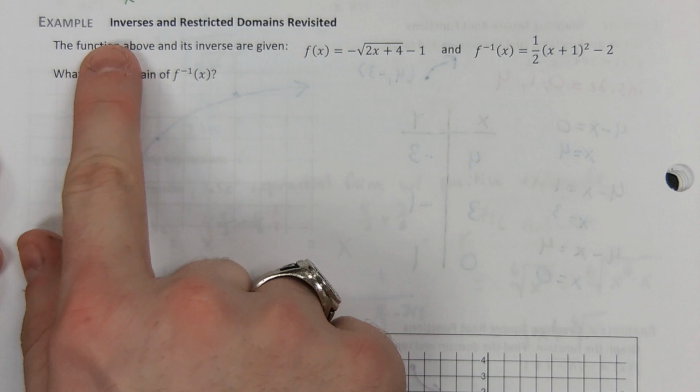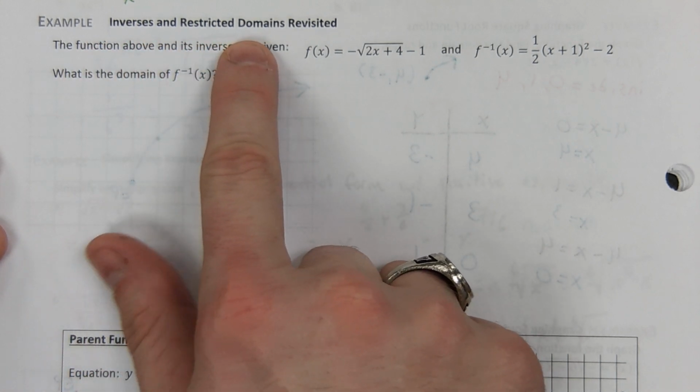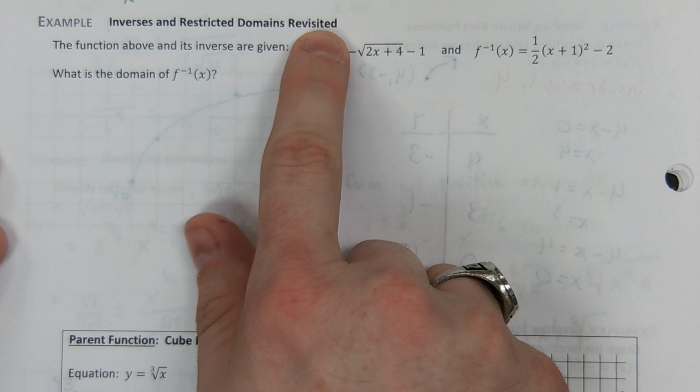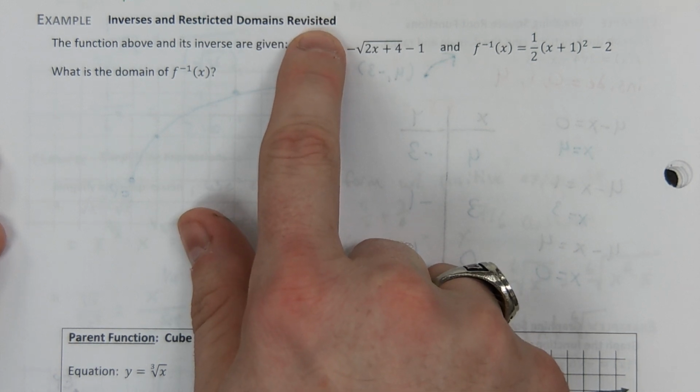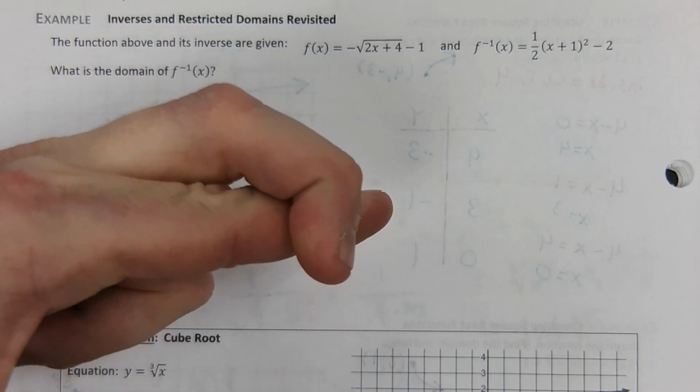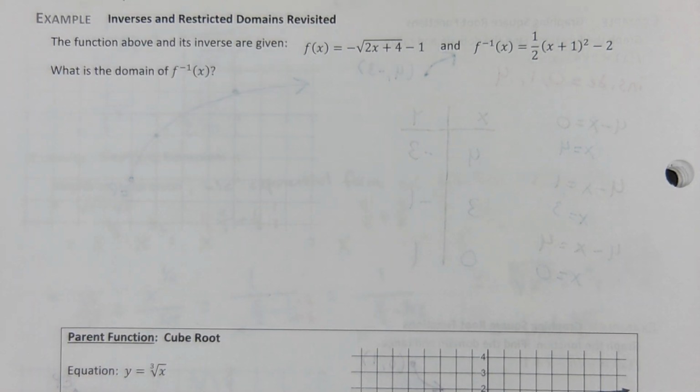Now, notice the title of this says Inverses and Restricted Domains Revisited, because we've already learned this. It was on the mid-Chapter 6 test, and that question did not do well. In fact, it did incredibly poorly. That is why it's in the notes again. I'm hoping that now that you know how to graph square root graphs, this kind of question is much easier.